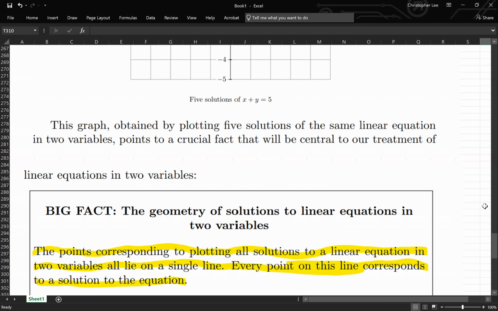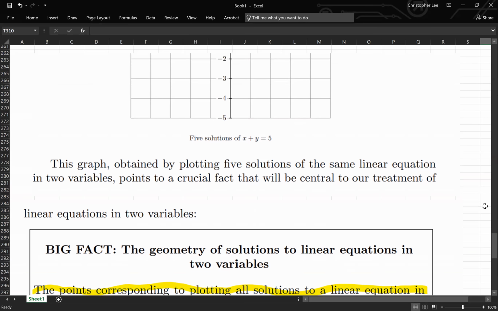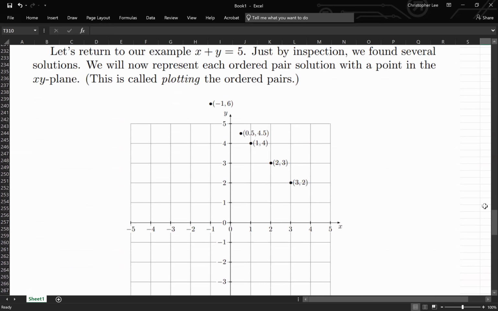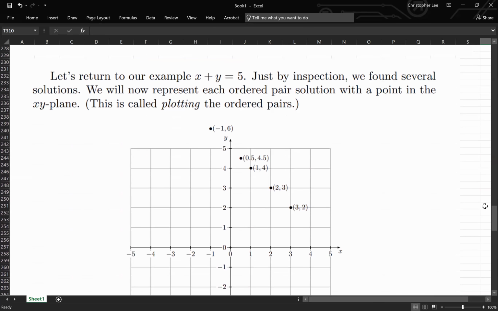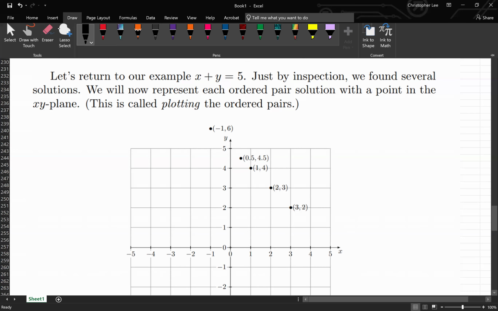Well, here's what it's saying. That's what we're doing. We're finding a way to find all of the possible solutions.